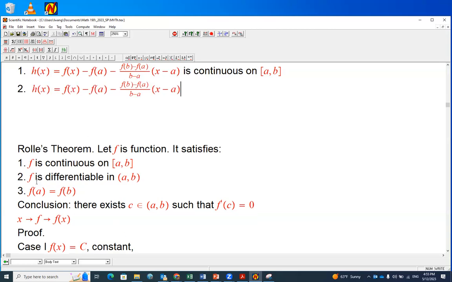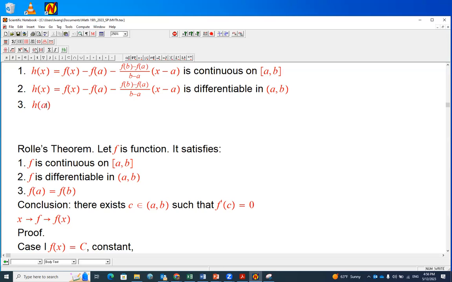Why is it differentiable? Because f of x is differentiable, and x minus a is differentiable. All the others are constants, right?